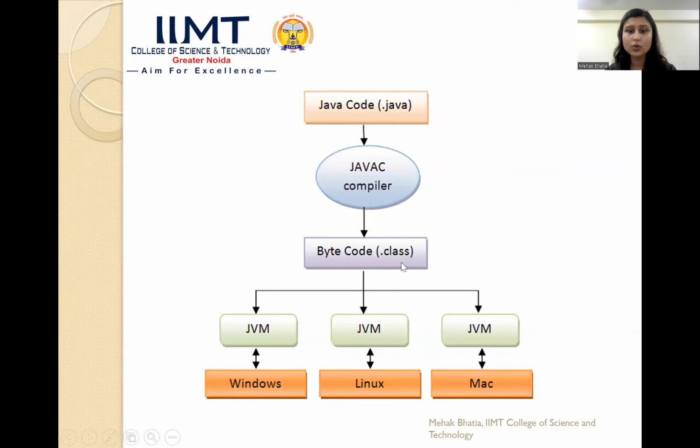Now this bytecode, with the help of JVM, the Java Virtual Machine, can be run on any platform, any operating system, be it Windows, Linux or Mac. So this is a very important feature of Java programming language, that the bytecode is platform independent. It can be run on any platform.